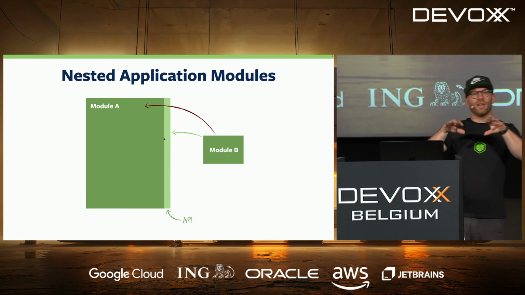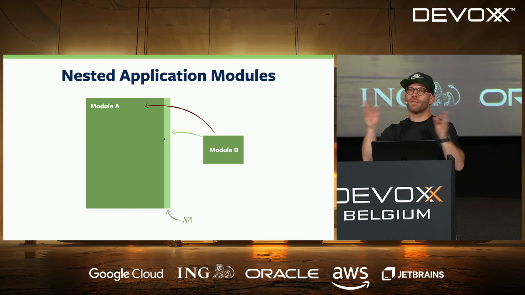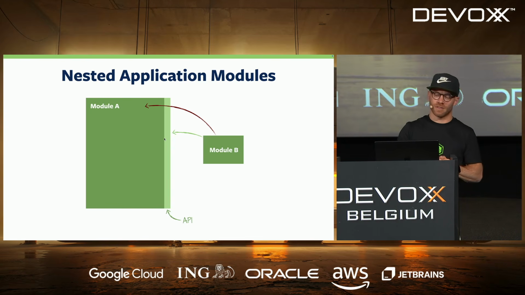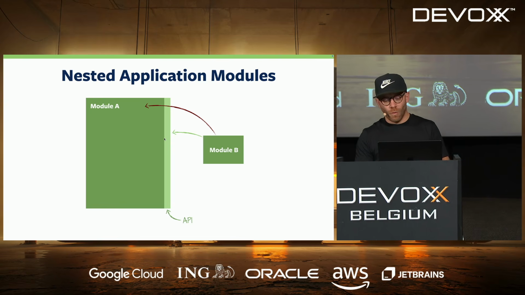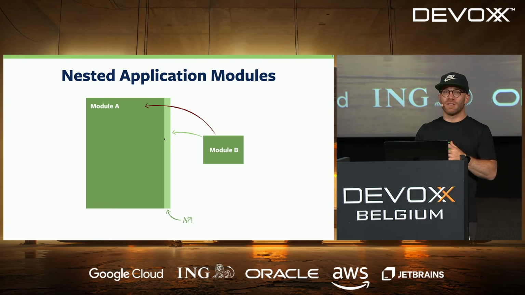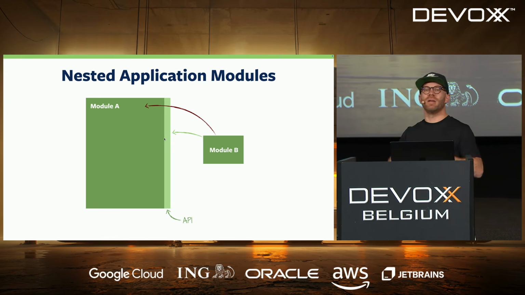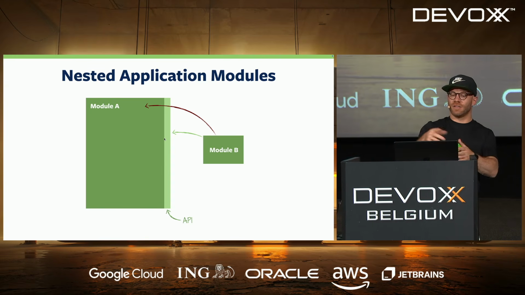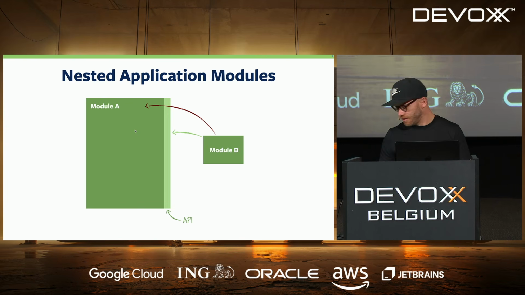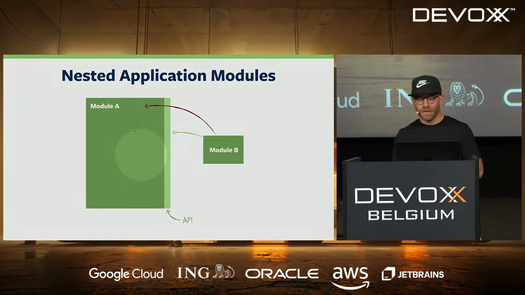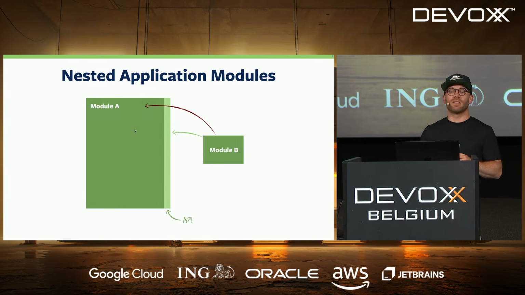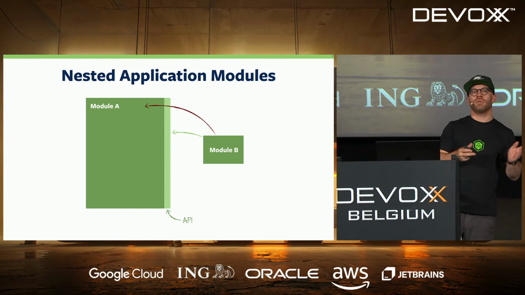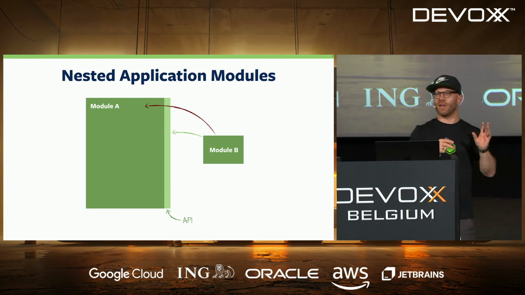That's a common theme between different modularity approaches like OSGi, the Java Platform Module System. What the other module systems lack is the ability to nest modules inside modules, because this darker green area here on the left could still be a mess, and you can argue that's a feature, because what happens in the module stays in the module, right?